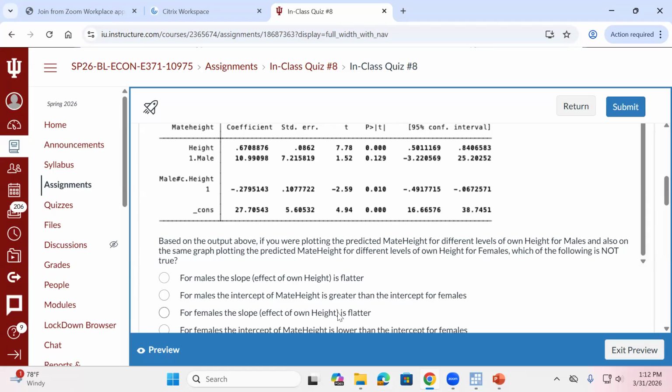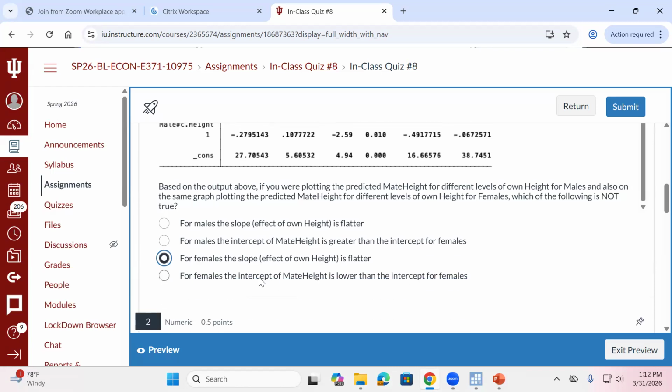No, we actually said that was going to be steeper. So this should be the one that's not true. Let's check this one. Hopefully we're right. For females, the intercept is lower on mate height than the intercept for, that one doesn't even make sense, right? We're always comparing the 0 to the 1 group, so here would always be comparing males to females. This final answer doesn't even make sense for us.